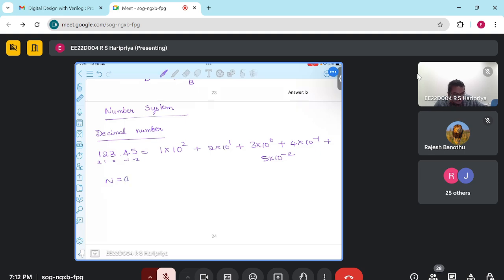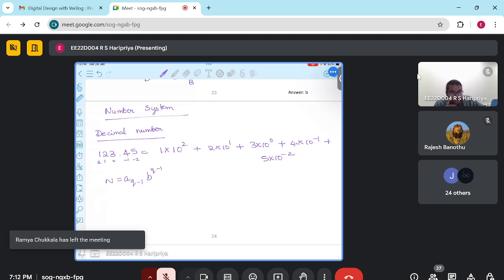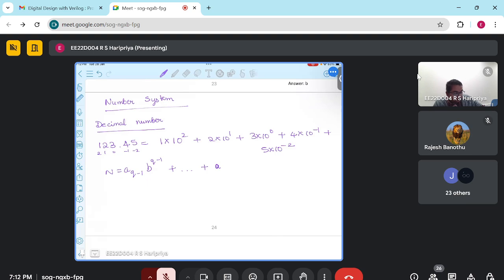So that is N, which is equivalent to a(q-1) b raised to the power q minus 1. That is a place position value. So these are like weighted number systems. So if we have a0, b raised to the power 0.